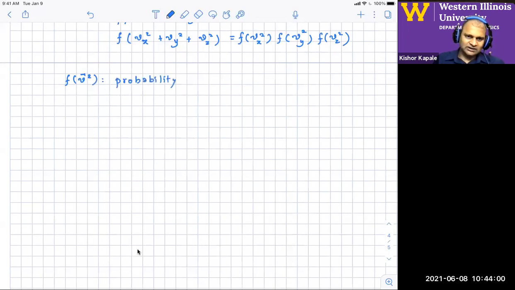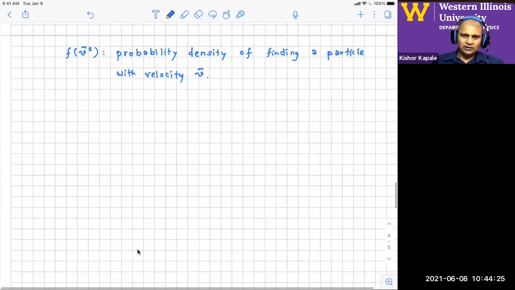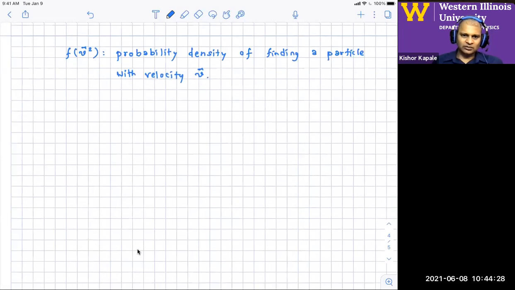When you have a continuous distribution, the term is not probability. The actual correct term to use is probability density of finding a particle with velocity v, and this has to be proportional to the product of the probability densities of finding the particle at speed vx, vy, and vz, as long as these are statistically independent, right?